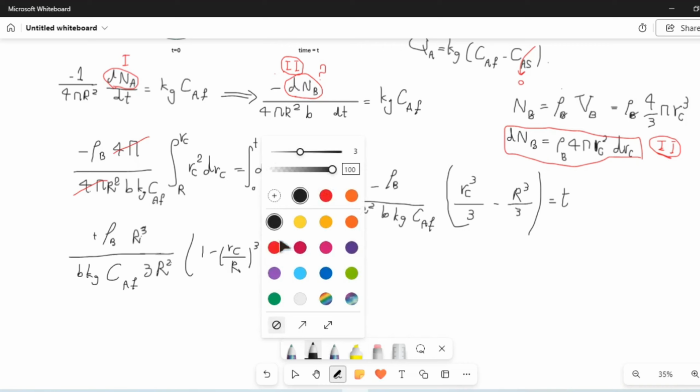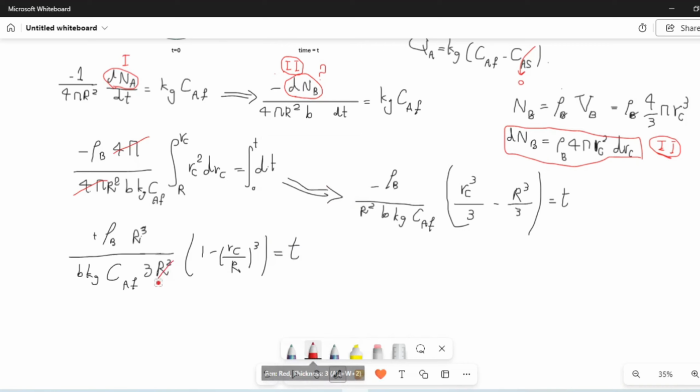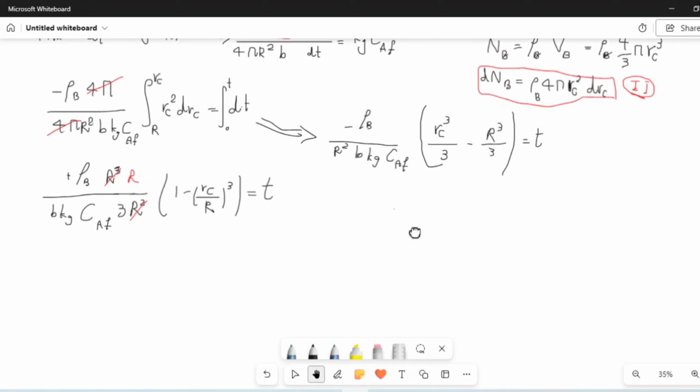Now R cubed is simplified with R squared on both sides of the fraction, leaving just R in the numerator.